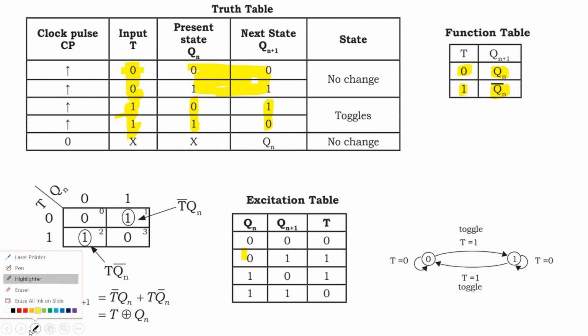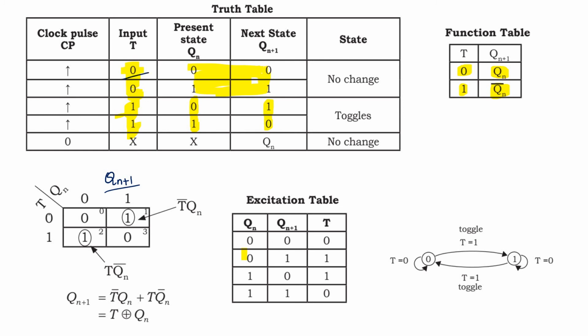So after finishing the function table, what we have to do? We are going to find out the characteristic equation. So using the coordinate map, we can find out the characteristic equation, that is Qn plus 1. How to find out? I am going to take T and Qn only. Have to substitute the value here, T, and this is Qn.